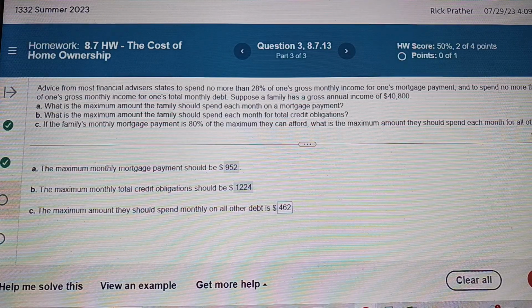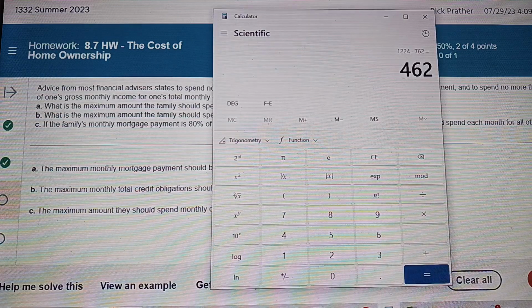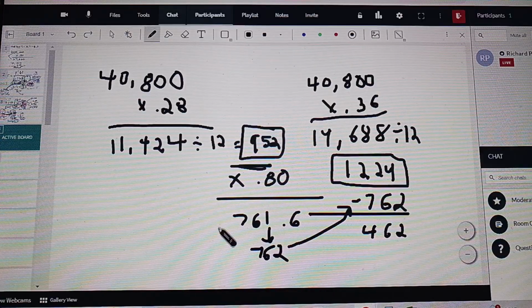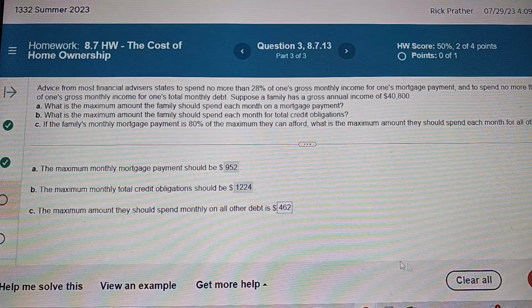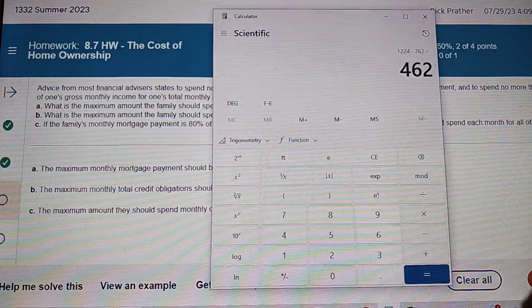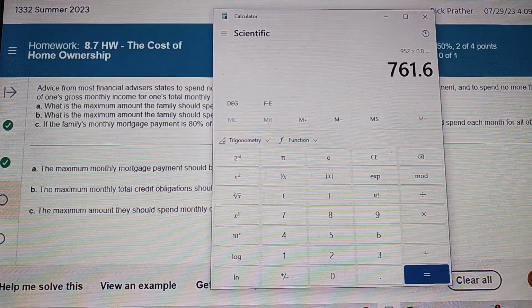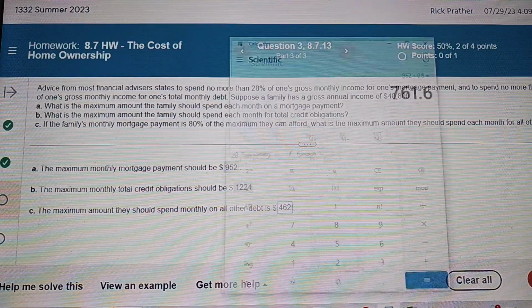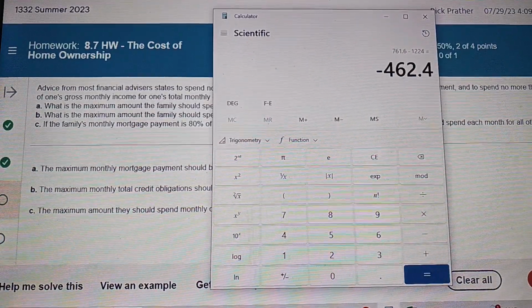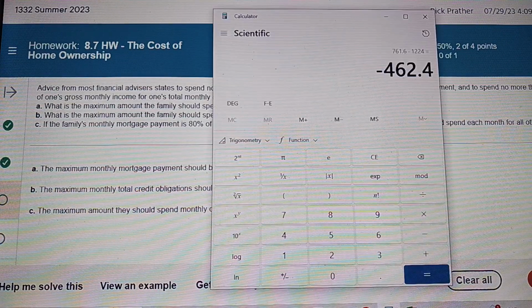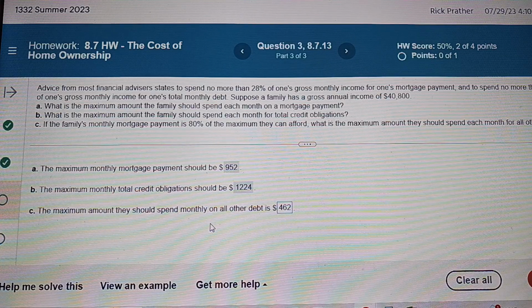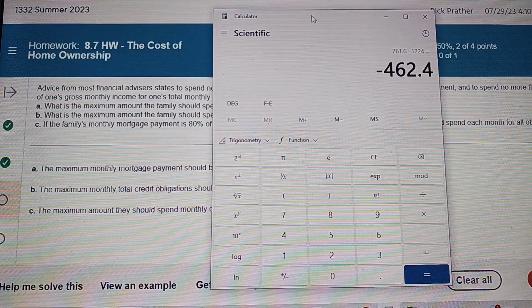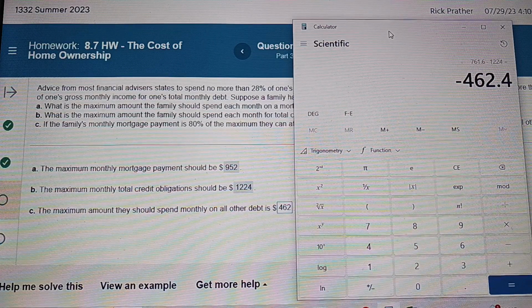Okay, did the rounding affect that? Let's try that again. 80% of their mortgage, 952 times 0.80 is 761. 462, yeah. A monthly on all other debts. These two should add up to that. Oh no, it's 762.